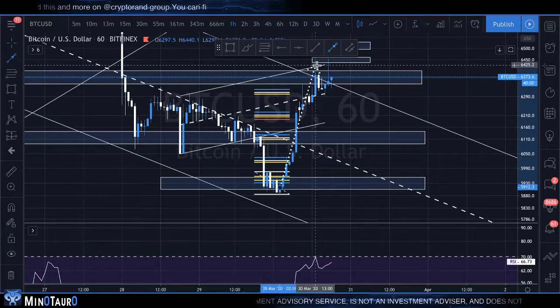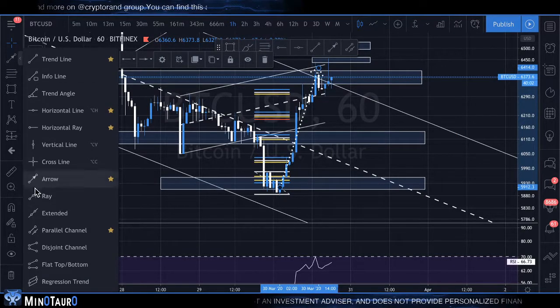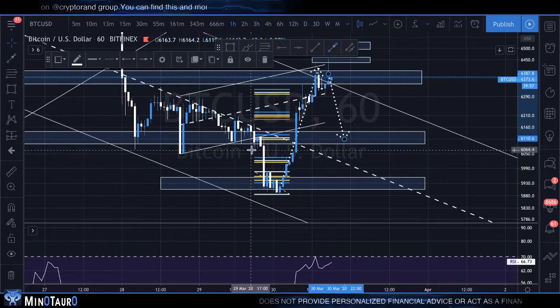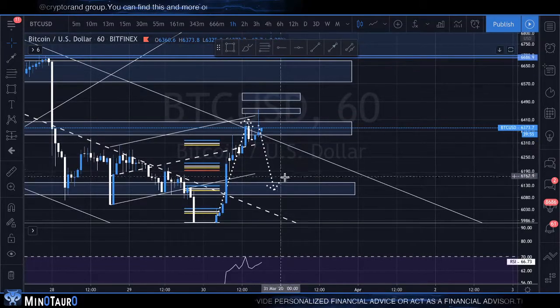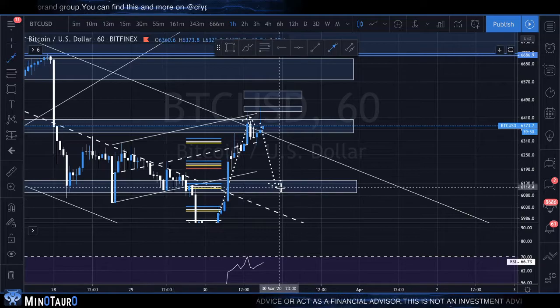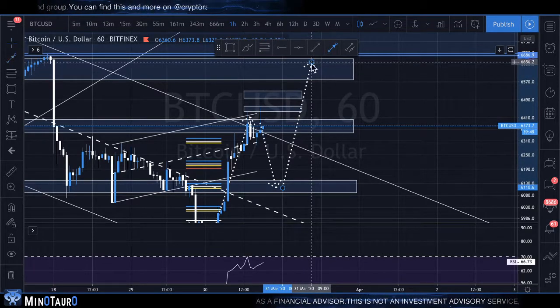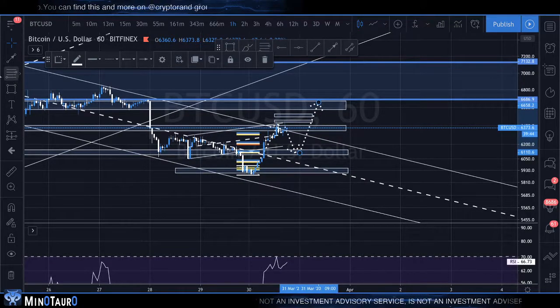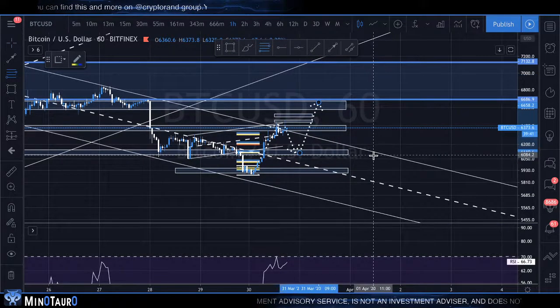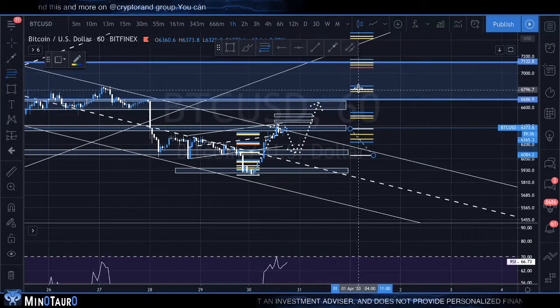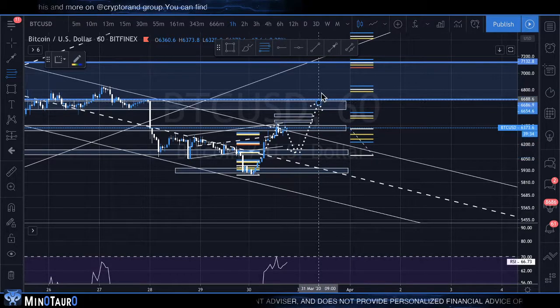And we do this, then we retrace probably back to the previous level, inverse head and shoulders, run. This, if we don't run right away. And the run can be going even here on a very bullish move.